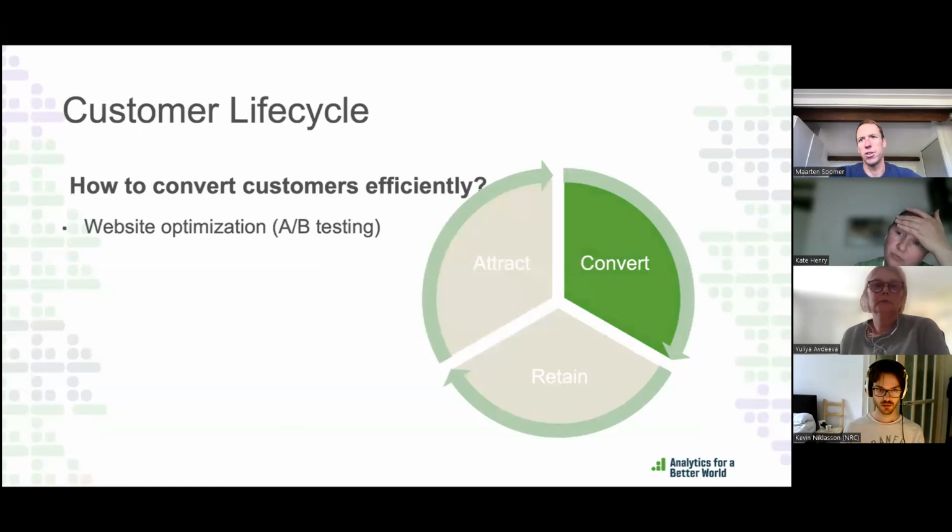Okay, let's then go to the convert phase, where we attracted their attention, and specifically online. Maybe we showed them an advertisement, they clicked, and now they're on our website. But of course, we still need to convert them.